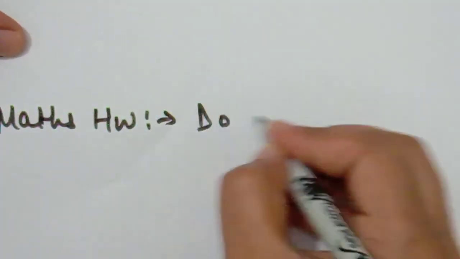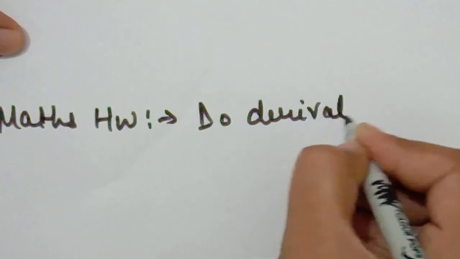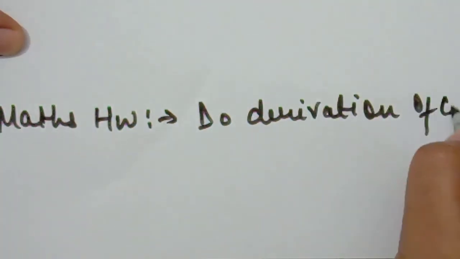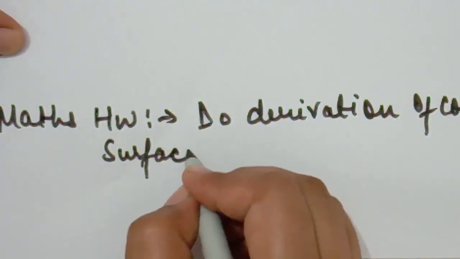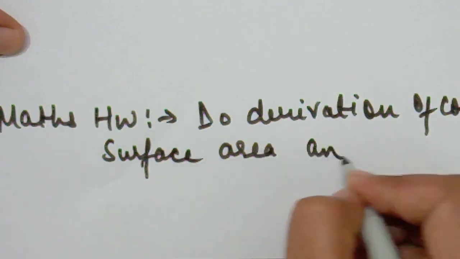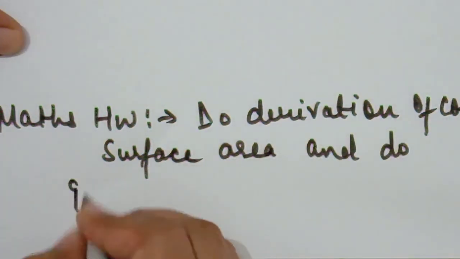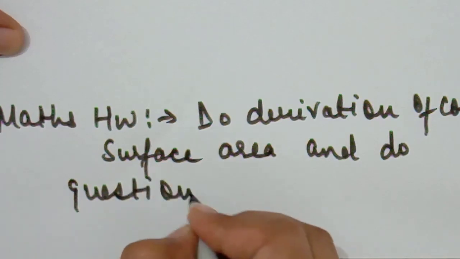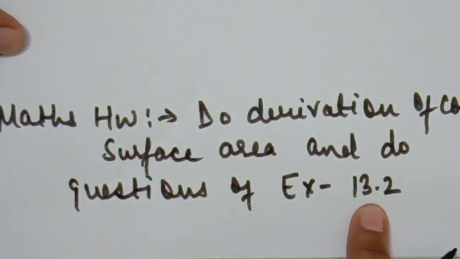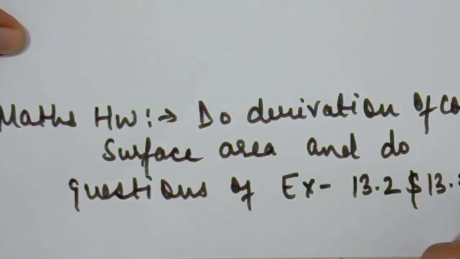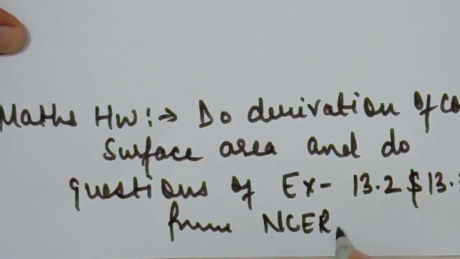Now students, your homework, today's maths homework: you have to do the derivation of cone surface area and do the remaining questions of exercise 13.2 and the questions of 13.3 from your NCERT.